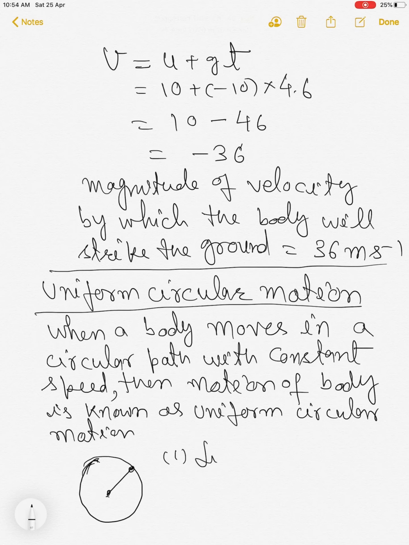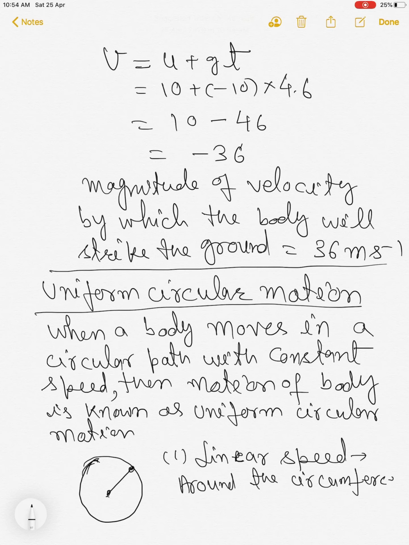One is linear speed around the circumference, and the second type of velocity is angular speed or angular velocity.